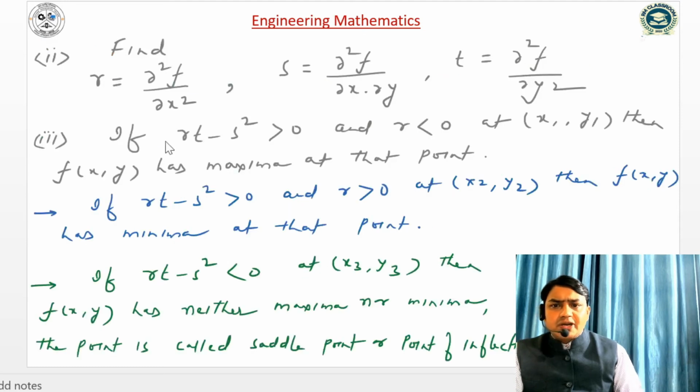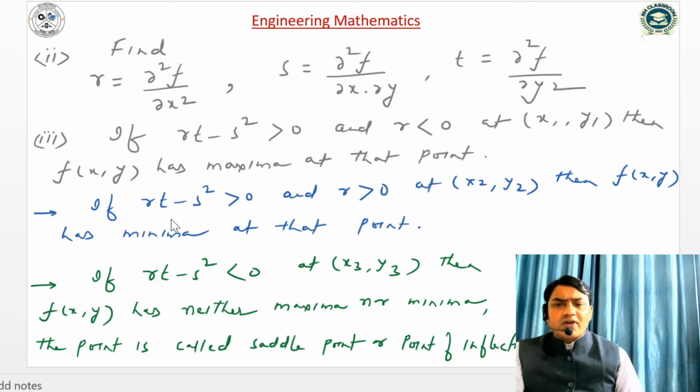So this point I have written: find the value of r, that is del 2f by del x square, s is equal to del 2f by del x del y and t is equal to del 2f by del y square. I have just named them r, s, t. Now if rt minus s square is greater than 0 and the value of r is less than 0 at a given stationary point (x1, y1), then f(x, y) has a maxima at that point.